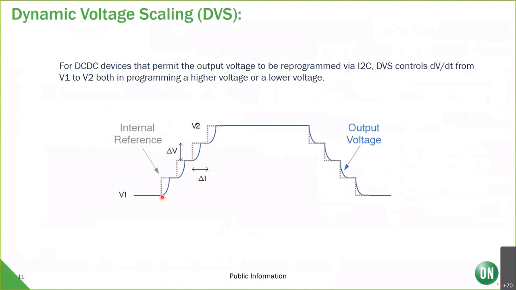So to prevent that, internally, some of our devices autonomously introduce steps, both in time and voltage, to go from V1 to V2, and likewise for going from a higher voltage to a lower voltage. This is just called DVS, or dynamic voltage scaling.